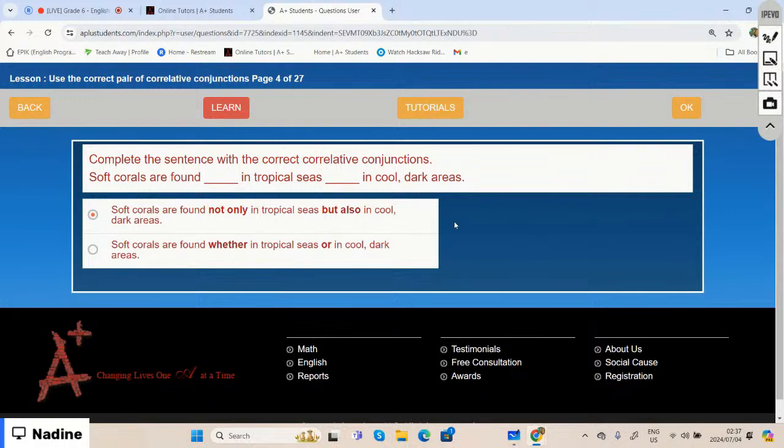All right, so we can say soft corals are found not only in tropical seas but also in cool, dry areas. So if we were to choose the correct one, we would say soft corals are found not only in tropical seas but also in cool, dry areas.